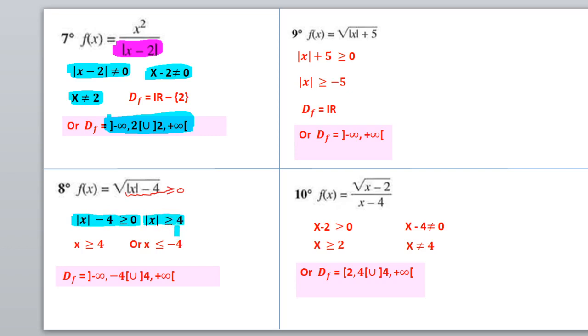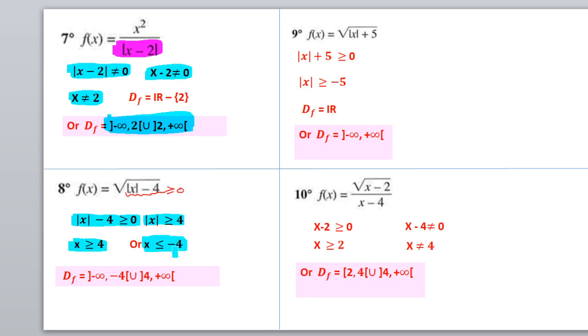I have a formula from before that if absolute x is greater or equal to 4, this means that x is greater or equal to 4 or x is less or equal to negative 4. This is a rule you took in absolute value. Okay. Whoever doesn't remember it should go back and put it as a note. If I have this form, I write it like this: x greater or equal to 4 or x less or equal to negative 4.